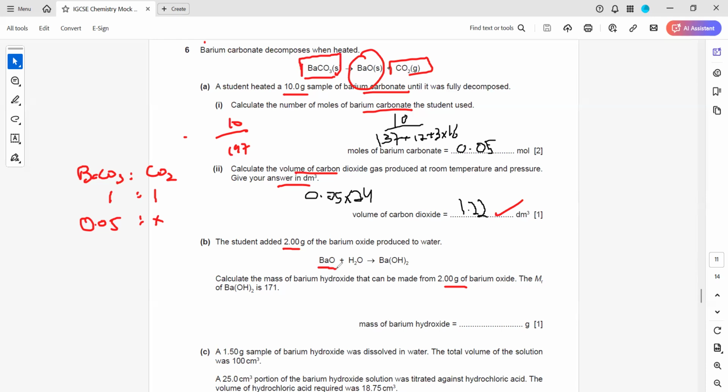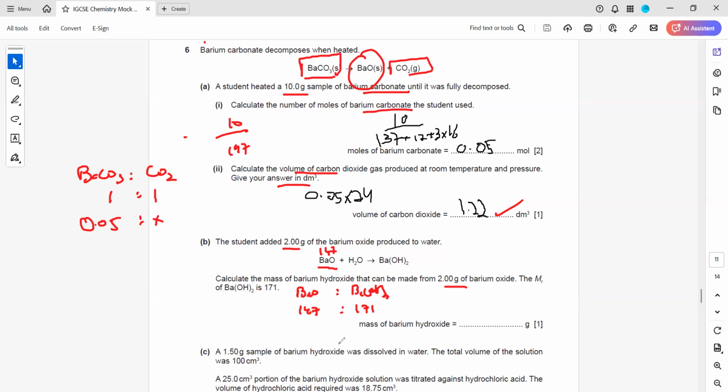What is the mass of barium oxide? Barium is 131 and oxygen is 16, so this will be 131 plus 16, which is 147. What is the mass of barium hydroxide? It's given as 171. So if 147 is there, it will give 171.